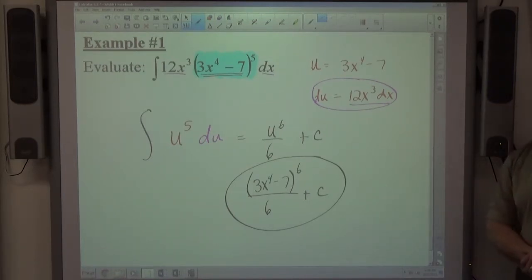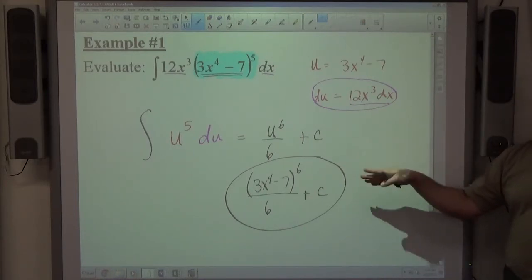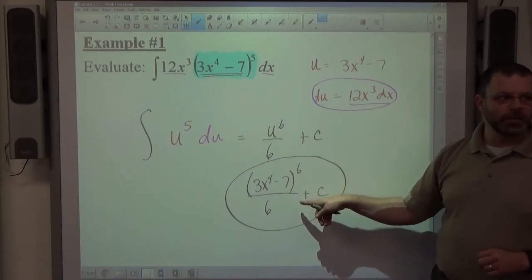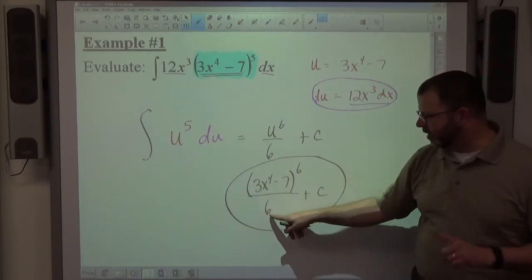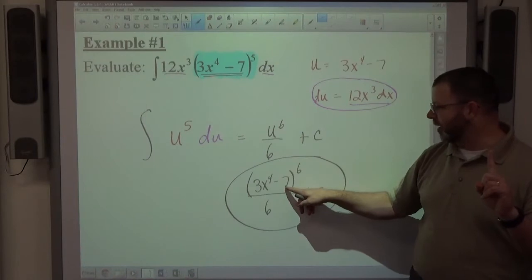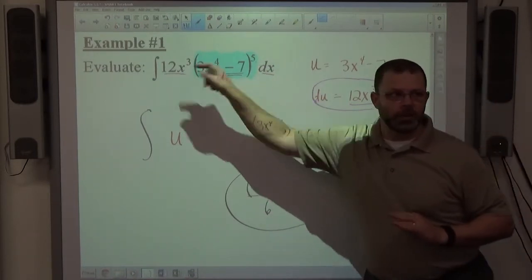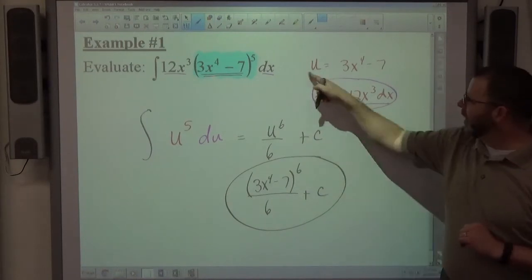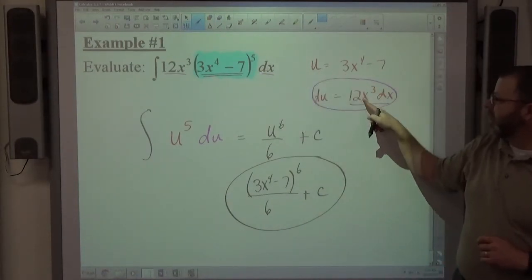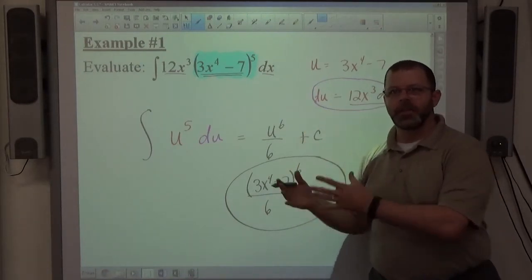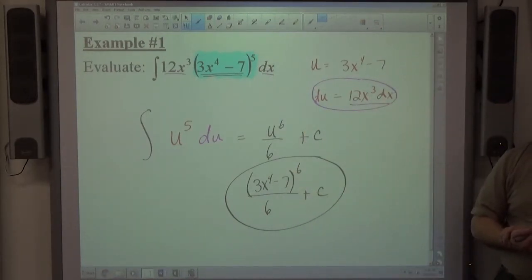Basically what we're doing here is we're undoing the chain rule. If I was to differentiate this function, this is a chain rule situation. I do 6 times 1/6 is 1, 3x to the 4th minus 7 to the 5th, times the derivative of the inside, 12x cubed dx. We're extracting the inside, finding its derivative, and seeing that its derivative is part of the expression to begin with, and then we're just extracting that in that manner.